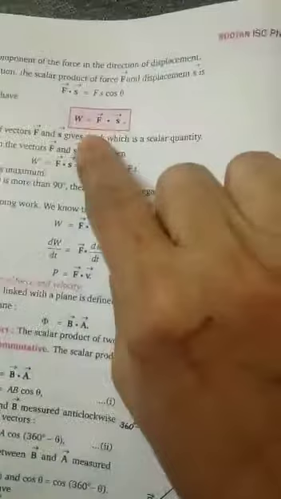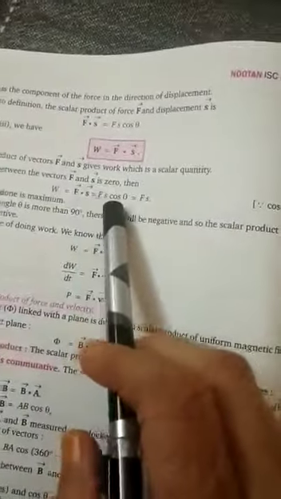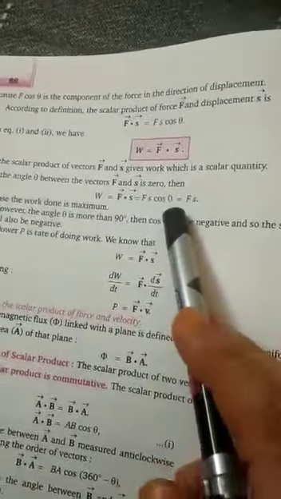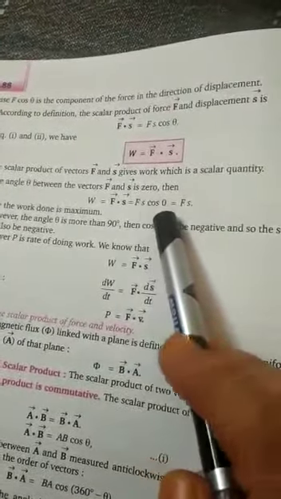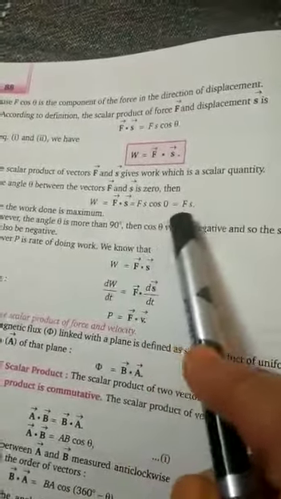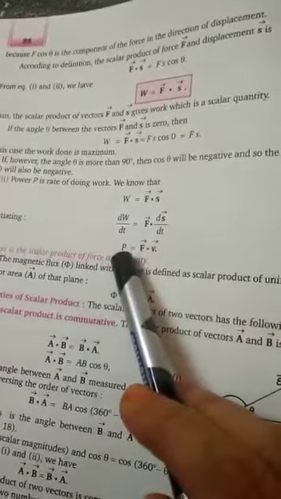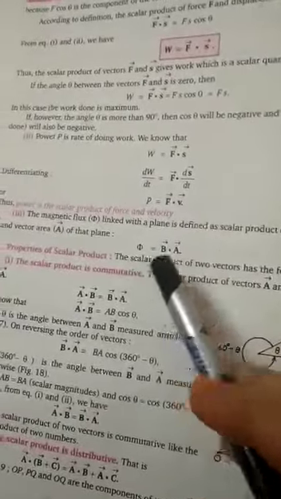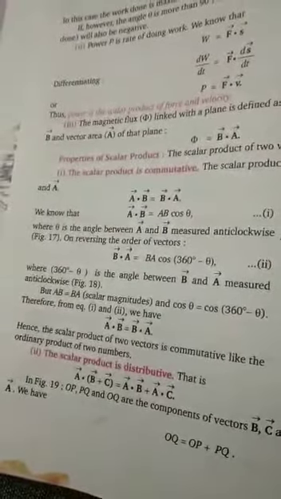So work is force dot displacement, and so work is F into S into cos theta, where theta is the angle between the force and the displacement, and if theta is 0, then work is force into displacement. Similarly, another example is power. Power is force dot velocity. That's what is power.